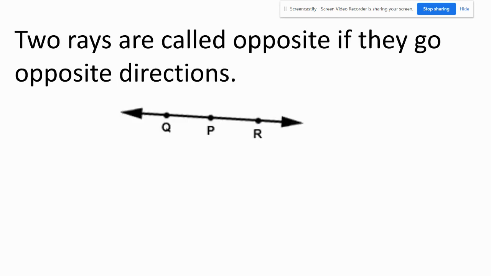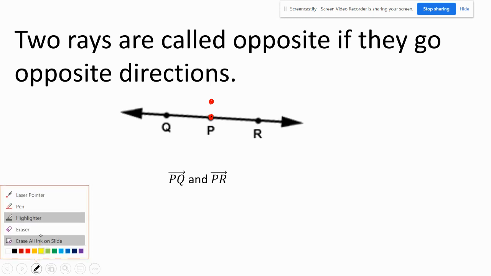Now, we're going to say two rays are opposite if they go in opposite directions. So one ray goes one way and the other one goes as far as possible the other way. That's what we mean by two rays being opposite. As an example, let's take a look at the ray PQ and PR. PQ means you start at P and you go through Q. As a matter of fact, let me start drawing it on top. I'm going to use this picture twice.